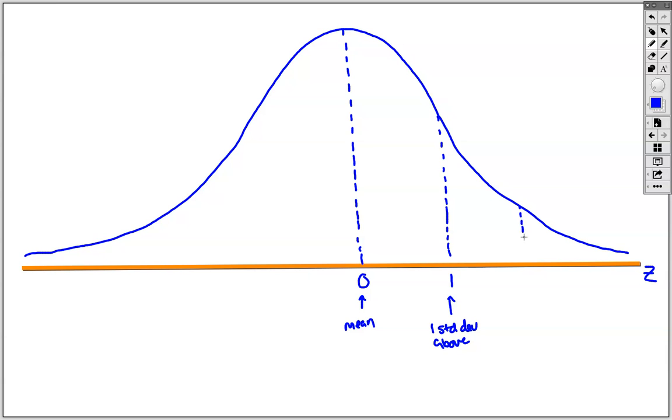And this right here is going to be 2, and that's going to be 2 standard deviations above the mean, obviously. And this is 3 standard deviations above.